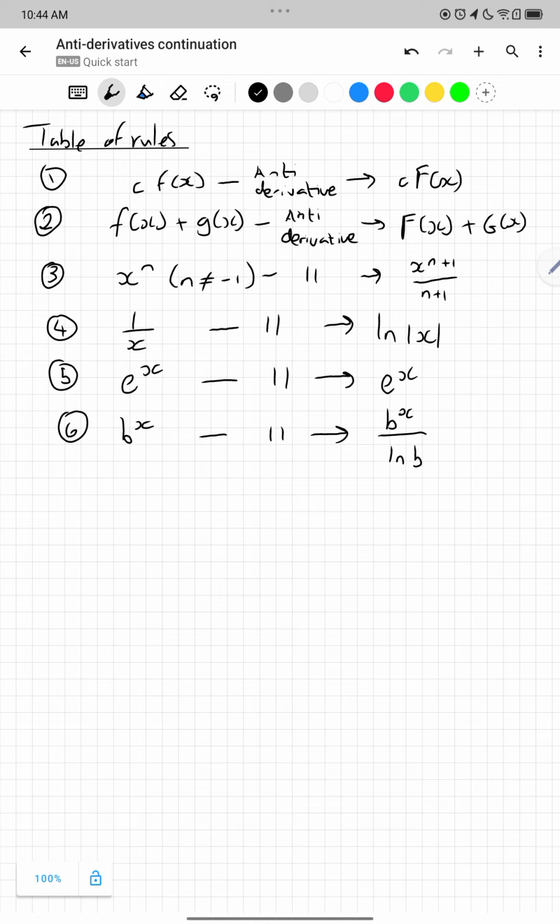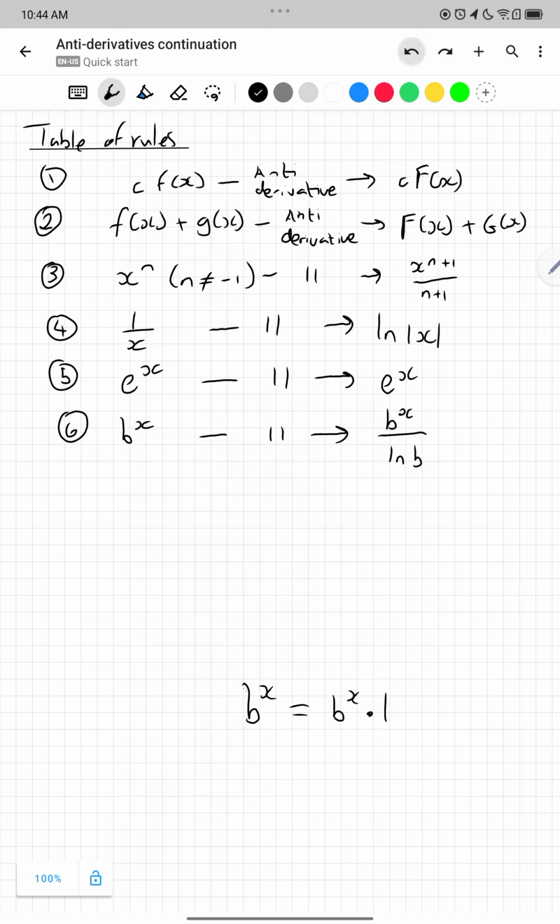So you know how when we derive an exponential function, we keep it the same and then multiply by ln b, and multiply by the derivative of the exponent, which is 1 in this case. So the opposite of that derivation is the anti-derivation.